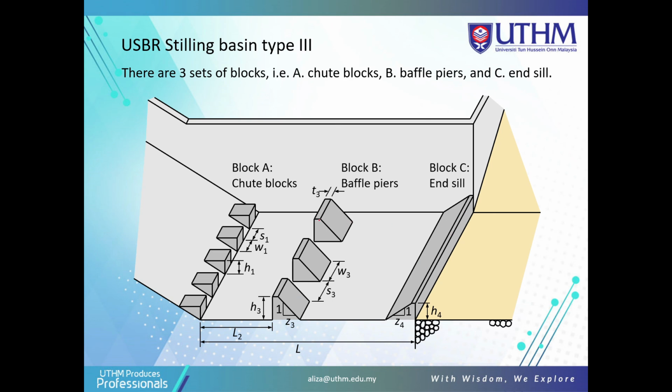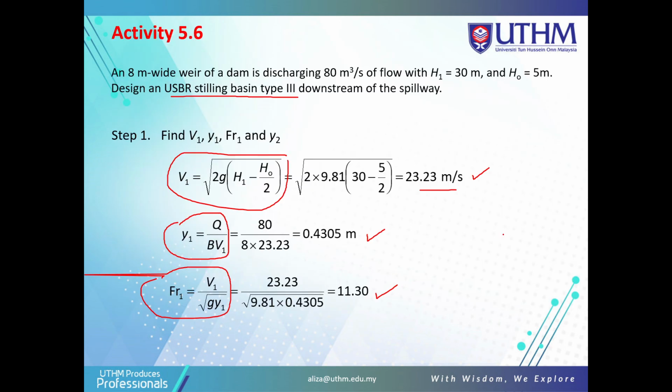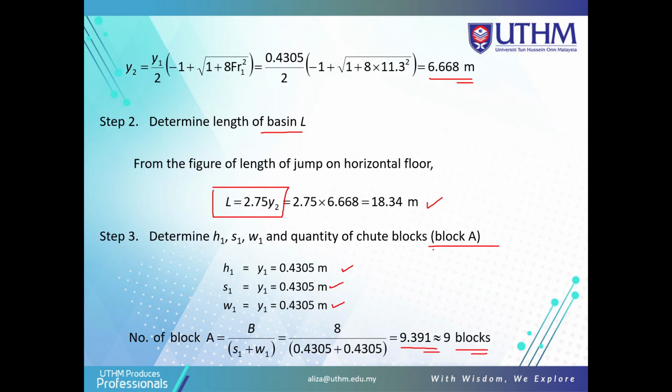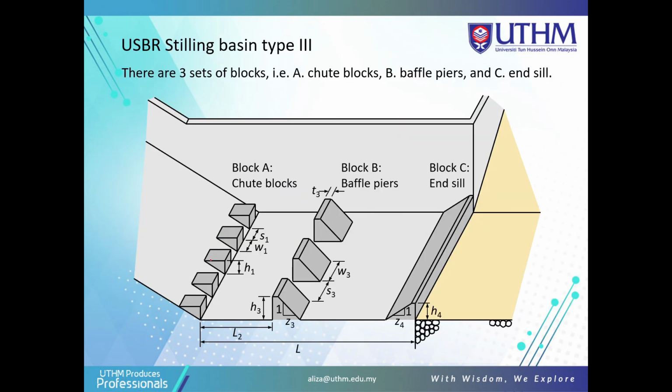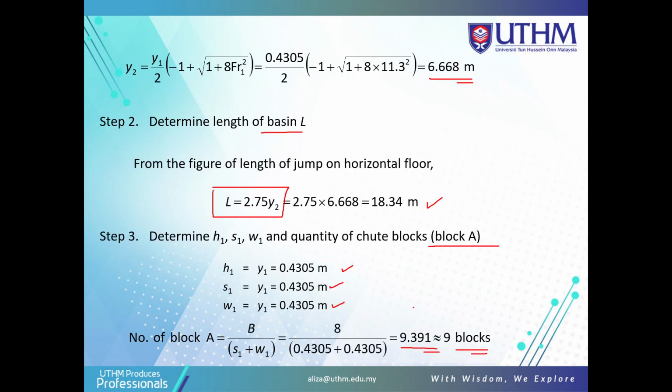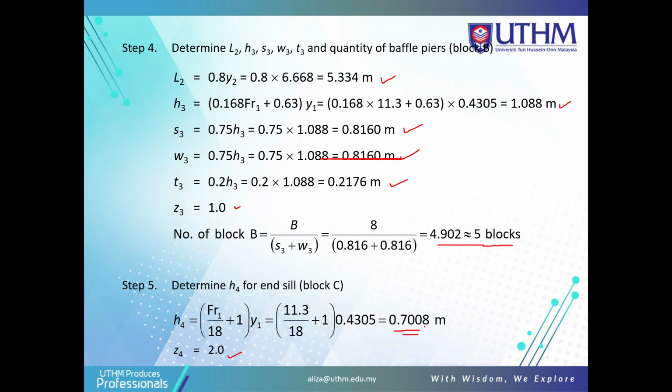So you must refer to your design. You get block A is 9 blocks, so in block A you must put 9 blocks. And for block B you have 5 blocks, so they have 5 blocks. So you must sketch that, draw the block A and B, and also the block C.